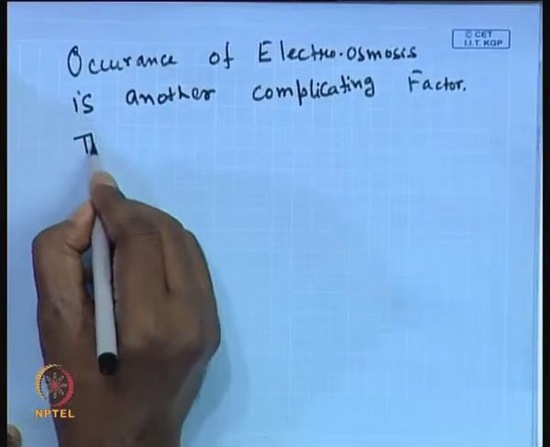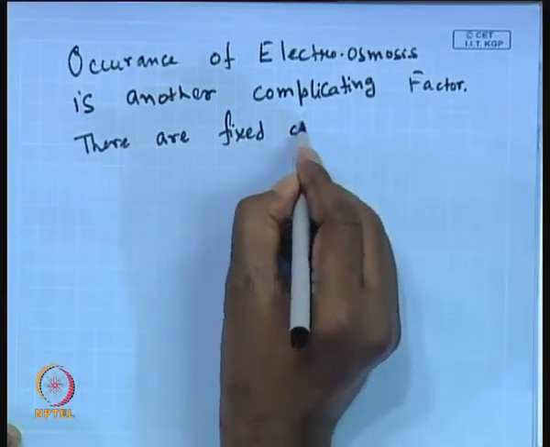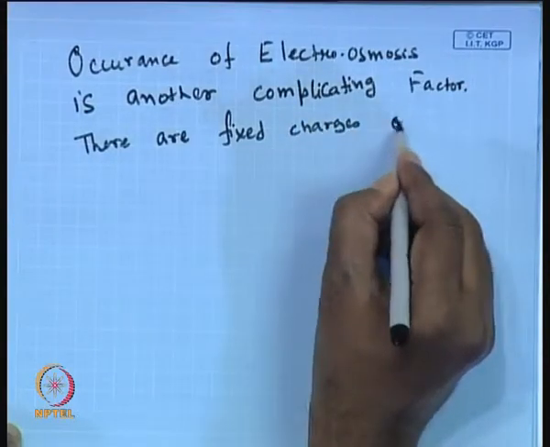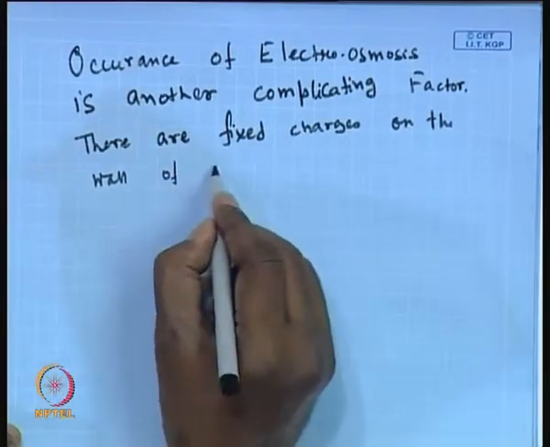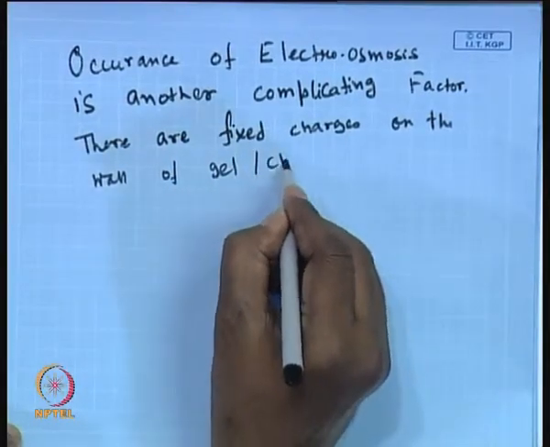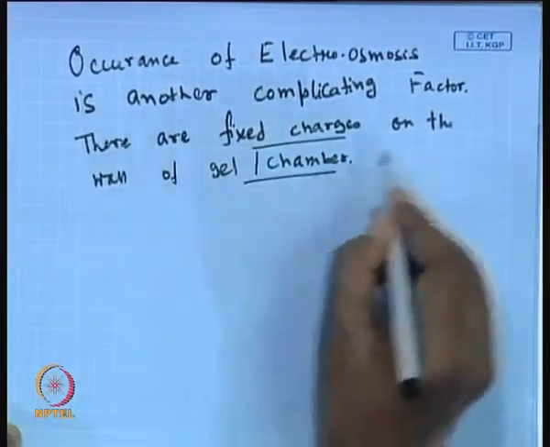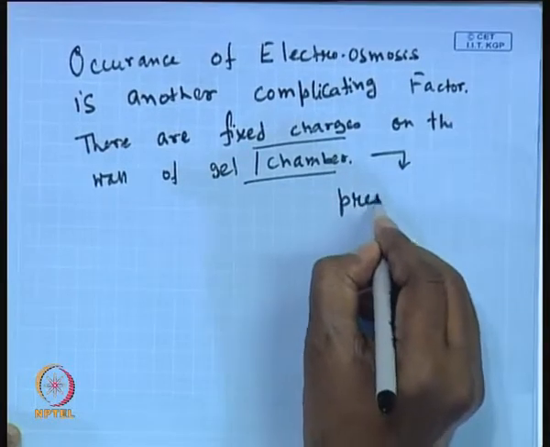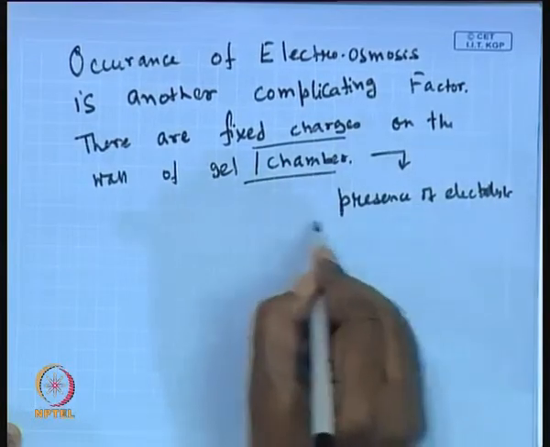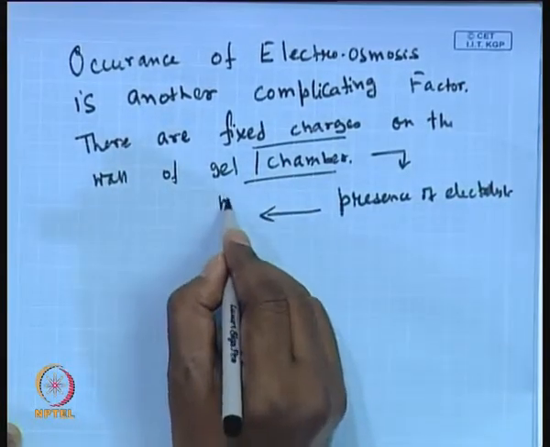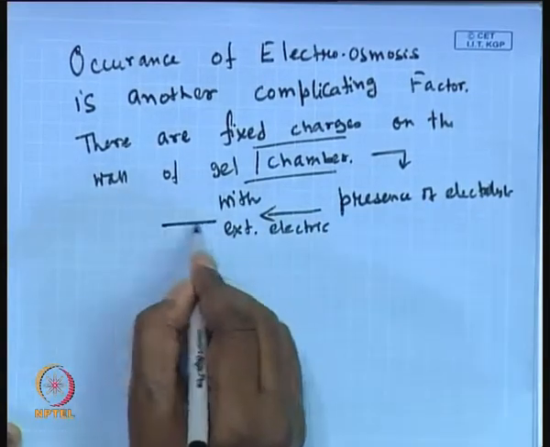Now, there are fixed charges on the wall of gel or the chamber, whatever it is, and because of the fixed charges and presence of electrolyte, now with an external electric field, it leads to electroosmotic flow.